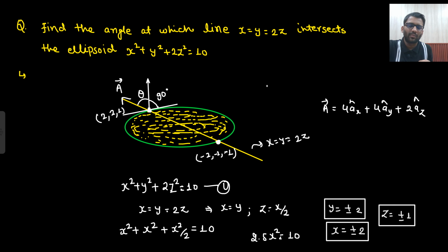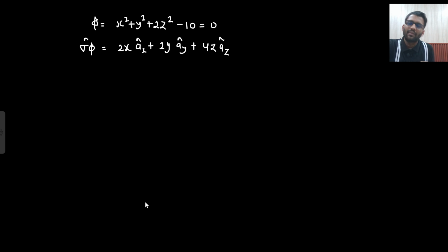So x square plus y square plus 2z square minus 10 is equal to 0. So I need to find the gradient: 2x ax cap plus 2y ay cap plus 4z az cap.